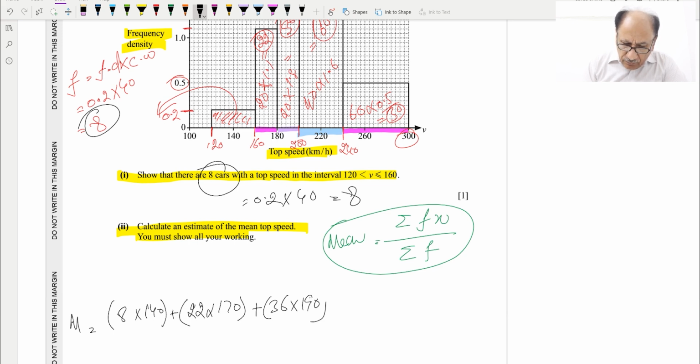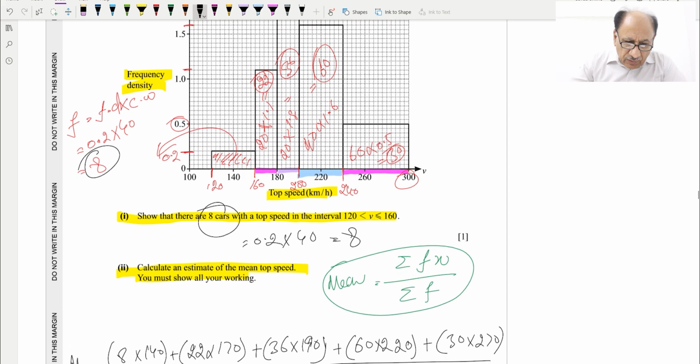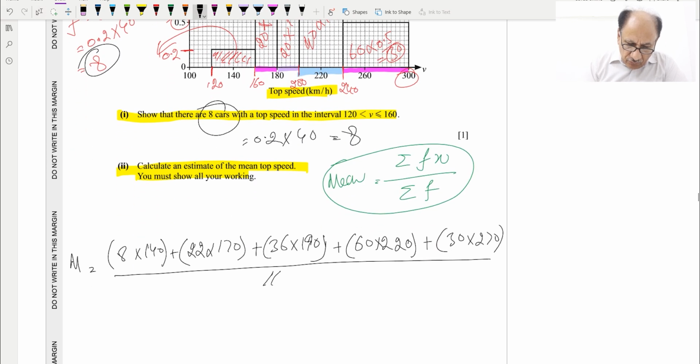So 190 plus next will be 60 multiplied by 220, and last one is 30 multiplied by middle of 240 and 300, which will be 270. So multiply by 270, and 1 2 3 4 5, all bars are done, and divided by the total, which we know is given 160. So we'll be dividing by 160.